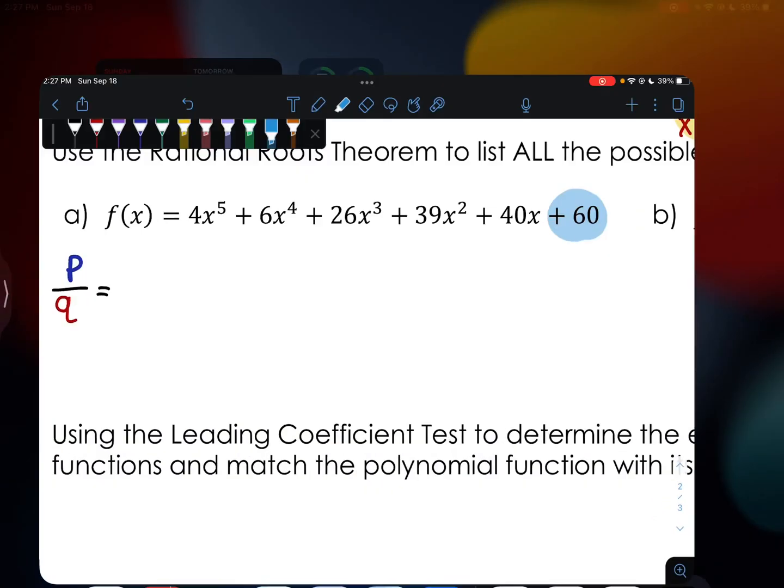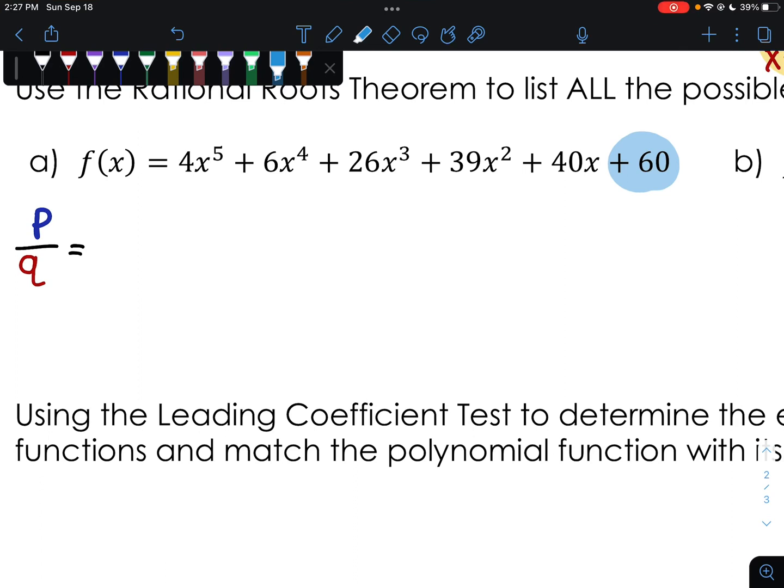So I'm going to list all of my factors. So I have plus or minus 1, plus or minus 2, plus or minus 3, plus or minus 4, plus or minus 5, plus or minus 6.